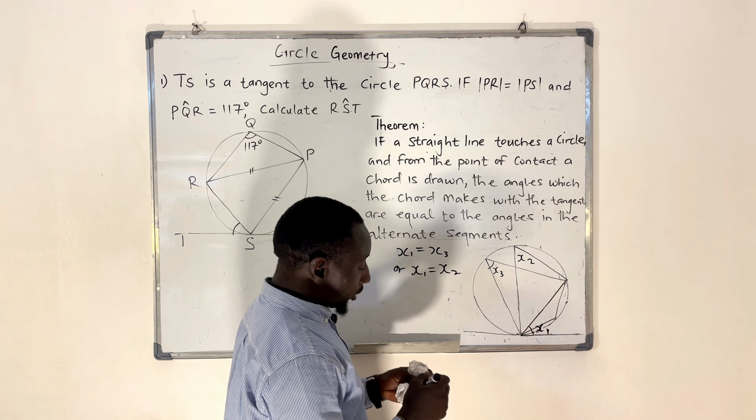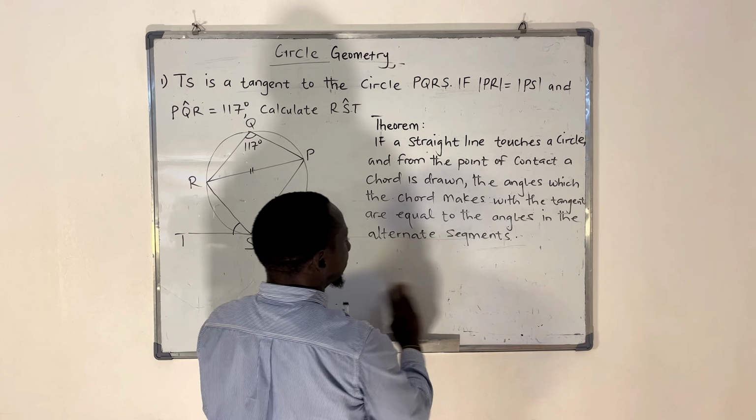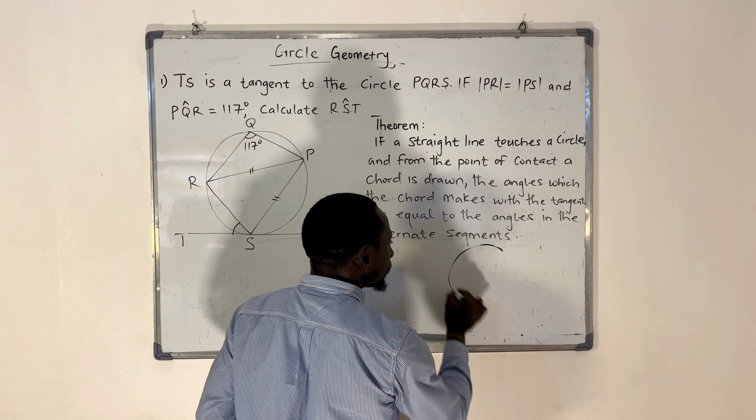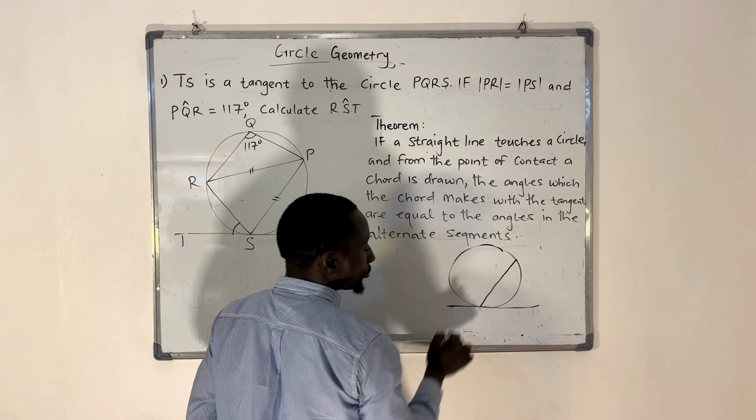So, in a nutshell, what I'm trying to say is this: you have a cycle, and you have a tangent, and you have a chord.